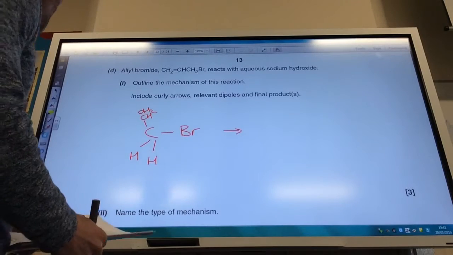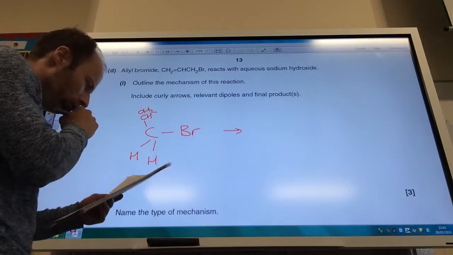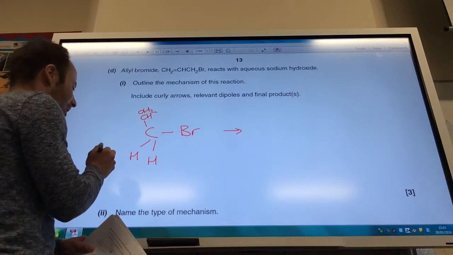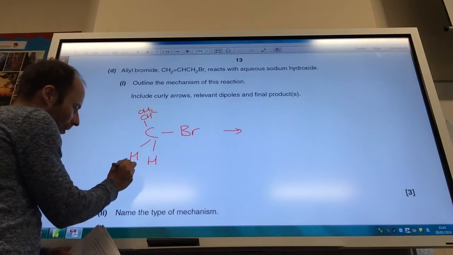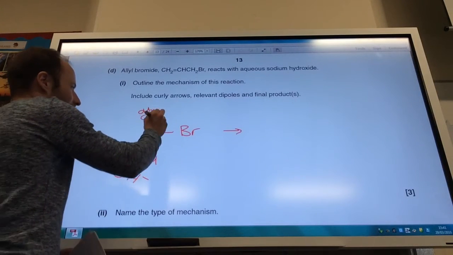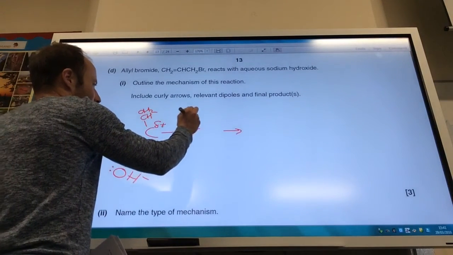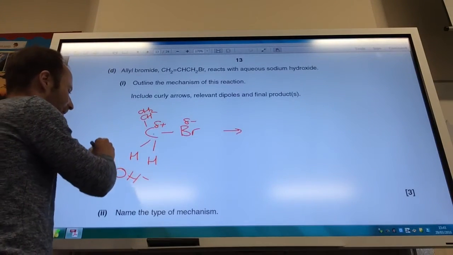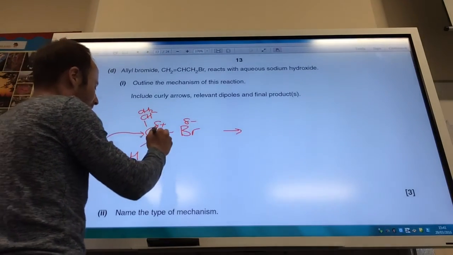Okay, so we now need to do a mechanism reacting with sodium hydroxide. So if you have your hydroxide here, pop your lone pair on. This bond is obviously polar because bromine is going to be more electronegative than carbon. So here he comes, whee, into carbon there.